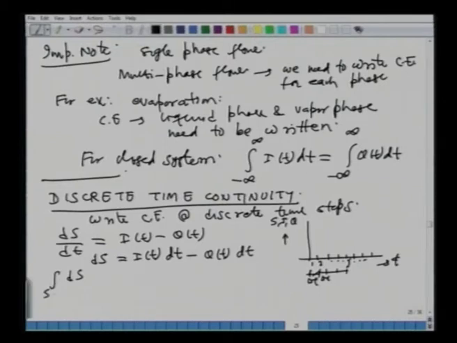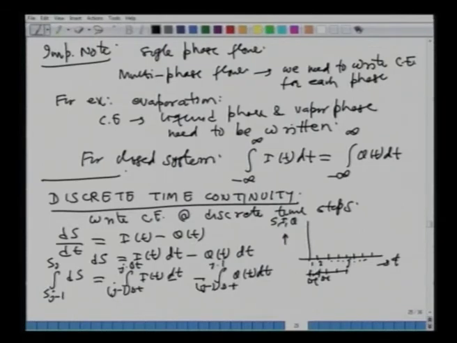Under the limits, being general, the storage at S(j minus 1) to S(j) will be equal to the integral of I(t) dt, where the time is varying during that jth interval from (j minus 1) delta t to j delta t. Similarly, the integral of Q(t) dt from (j minus 1) delta t to j delta t.